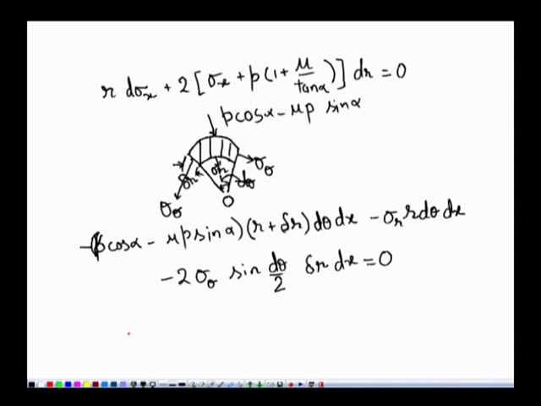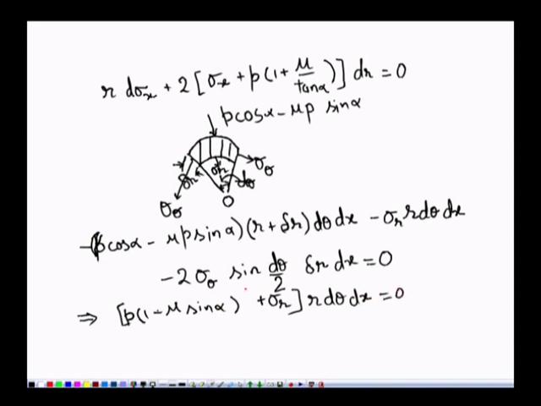Again, if we neglect the higher term and keep alpha small, the equation will become p (1 minus mu sin alpha) plus sigma r, this must be multiplied by r d theta dx, and this would be equal to 0.